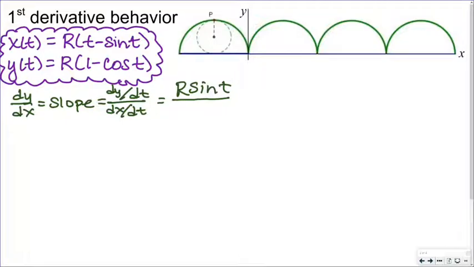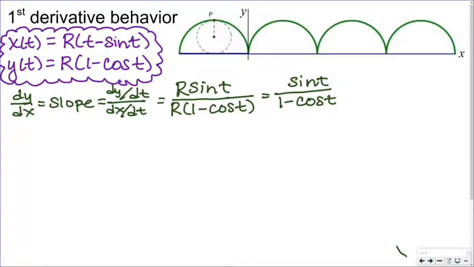And the derivative of the denominator is going to be r times the derivative of what's in the parentheses, which is 1 minus cosine t. R is a positive constant because it represents the radius of the circle, which is not negative or 0. So I can just cancel that out and say that the first derivative is sine t over 1 minus cosine t.